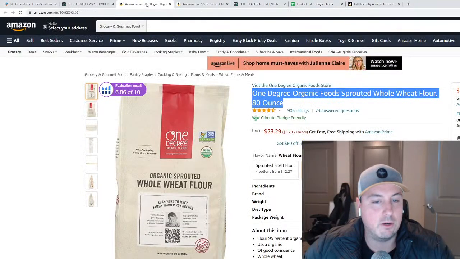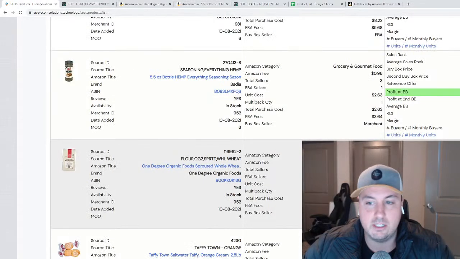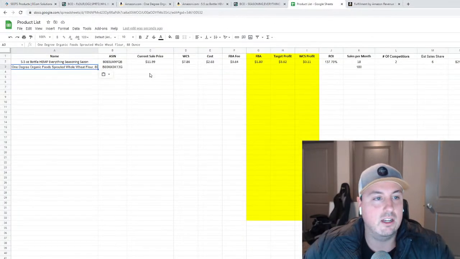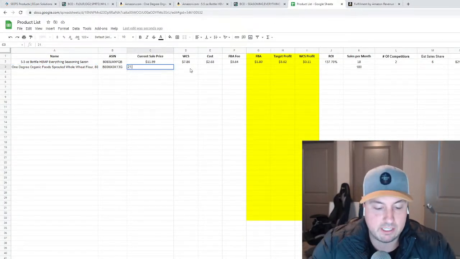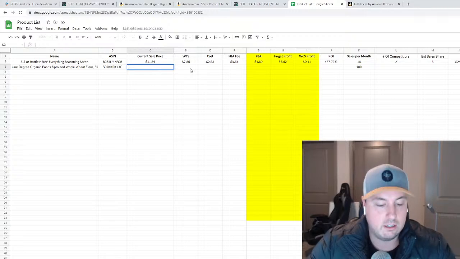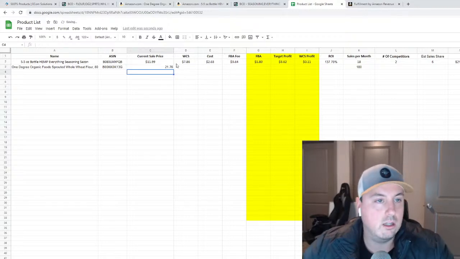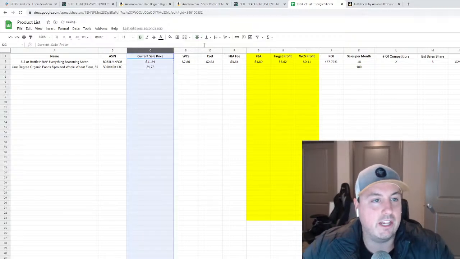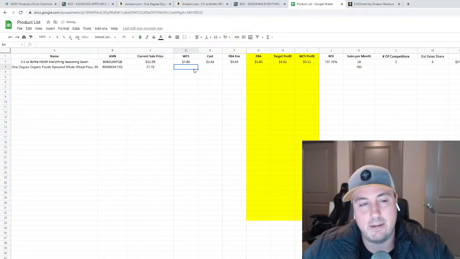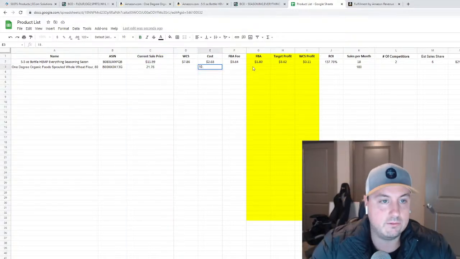Current sale price. What did we say was the price that we were gonna do? 2176. We can say 2176. And this isn't really the current sales price. This is what the 90-day price was. Cost 1019.